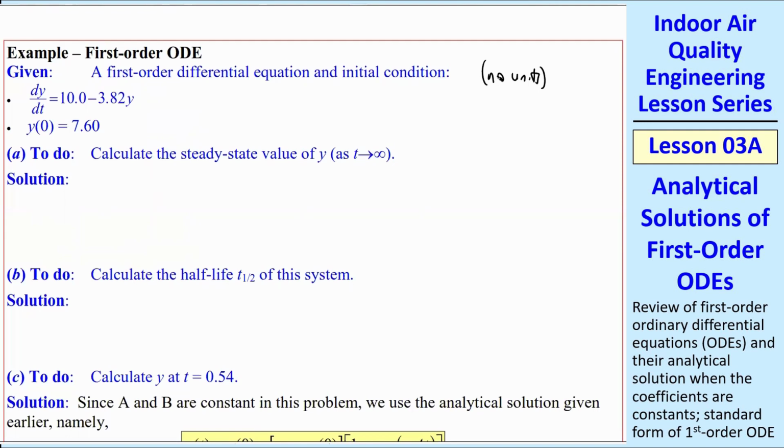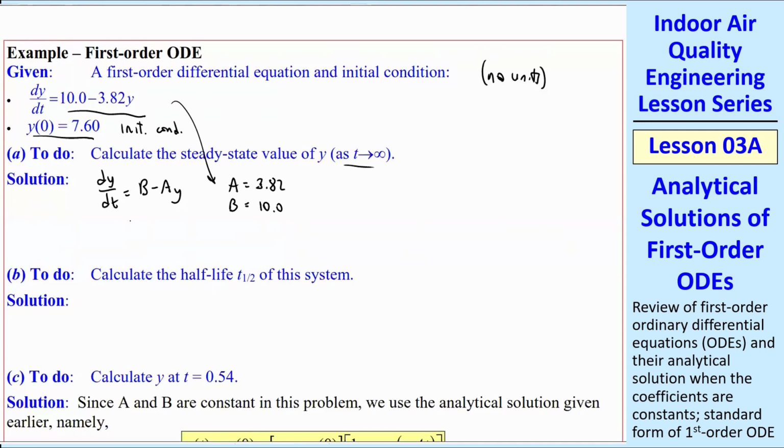So let's just make up an equation. dy/dt is 10 minus 3.82y. And y at 0 is 7.60. This is the initial condition. Let's calculate the steady state value as t goes to infinity. I want this in the form dy/dt equals b minus ay, and it's already in standard form if you look at that equation. So we can write a equal 3.82 and b equal 10.0.